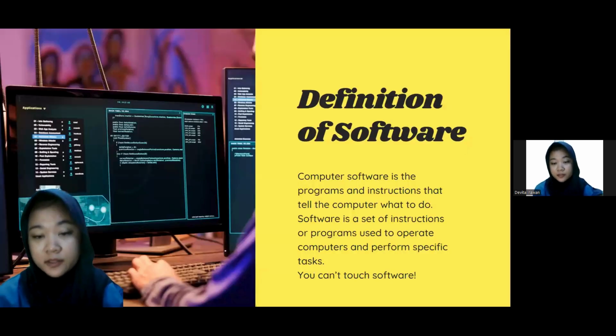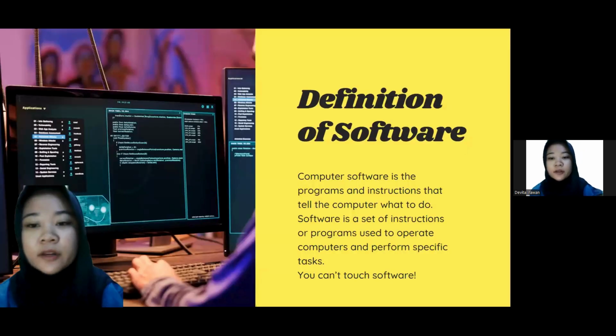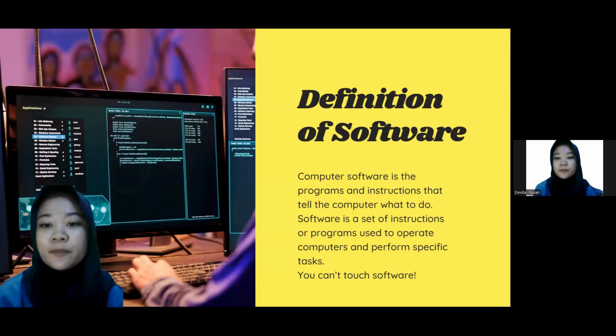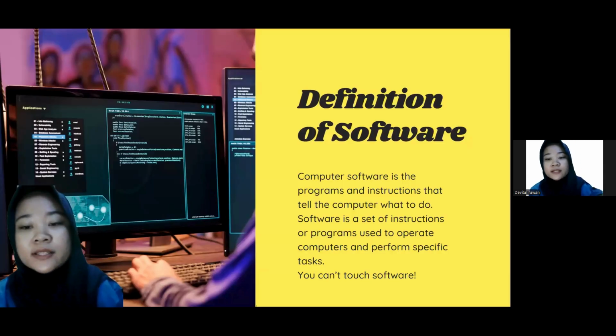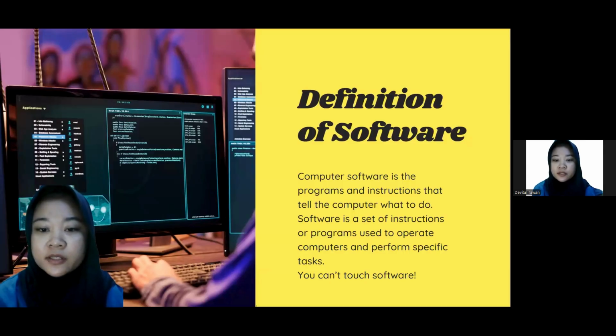definition of software. Computer software is the programs and instructions that tell the computer what to do. Software is a set of instructions or programs used to operate a computer and perform specific tasks. You can't touch software.